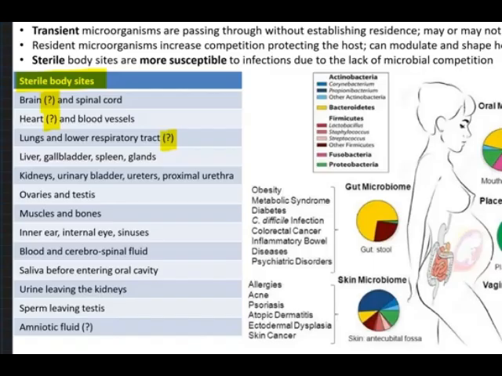For instance, traces of bacterial and viral RNA were found in the brain. Traces of bacterial and viral DNA were found in the heart, and the lower respiratory tract, which is your bronchioles and lungs, is known to have microorganisms coming in with the air that you inhale.